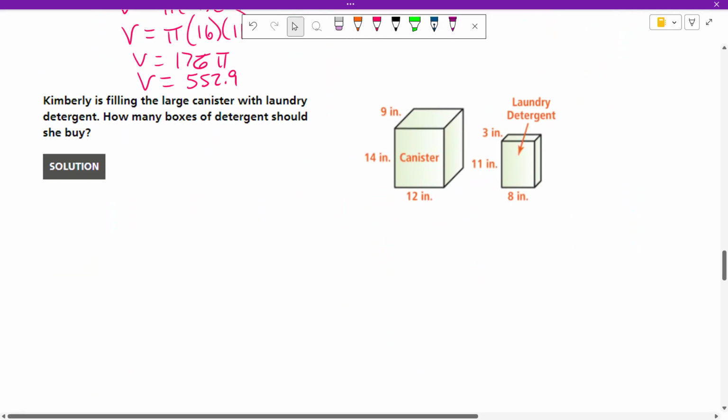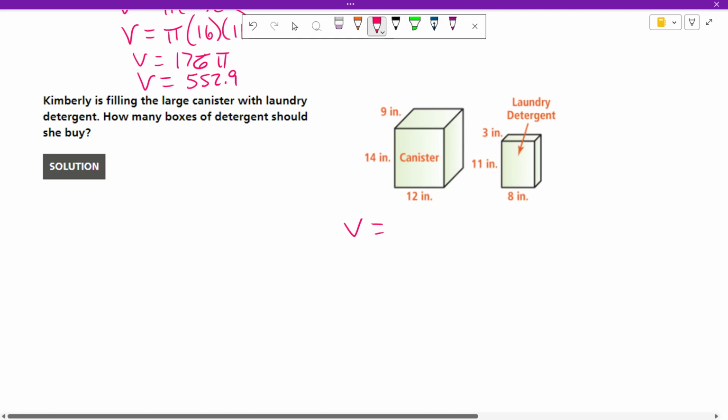Kimberly is filling a large canister with laundry detergent. How many boxes of detergent should she buy? Okay, what's the volume of the canister? How do we figure it out?